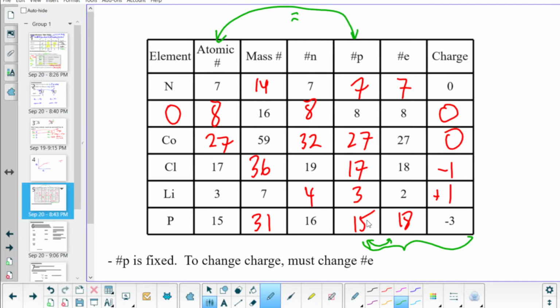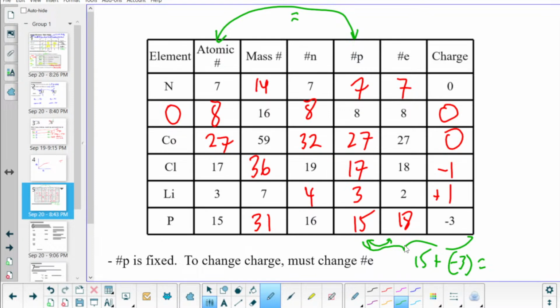Do we add or subtract? You add. So 15 plus -3 would give us, sorry, I wrote 18 there because I was looking over at the charge. So if I go 15 plus -3, I end up with 12.